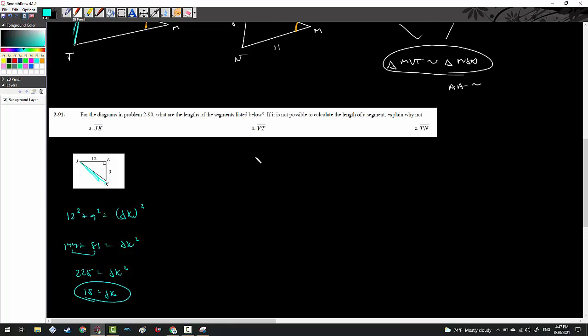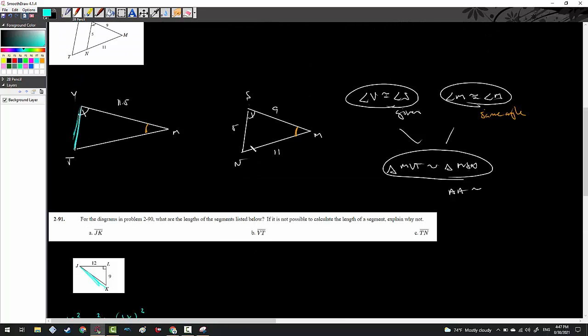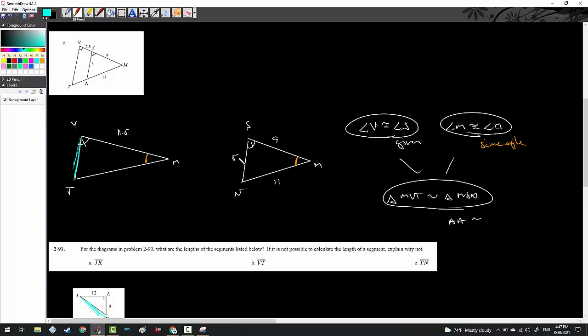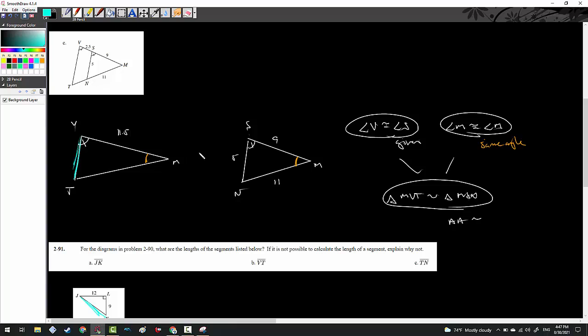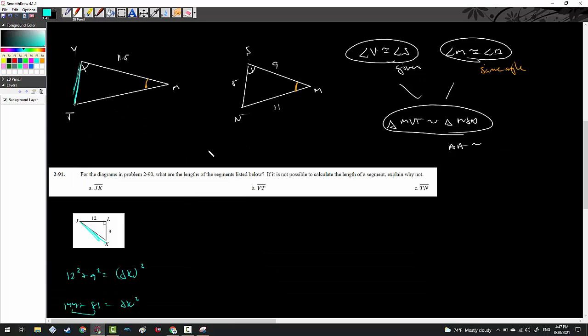In part B, they're asking us to find the length of VT. If you look at the diagram here, with this length being 5, it's definitely doable, where we can set up a proportion just like we have before. We can say 9 over 11.5 on corresponding sides is equal to, since I went from 9 to 11.5, 5 over x.